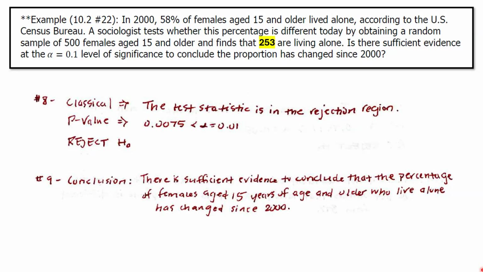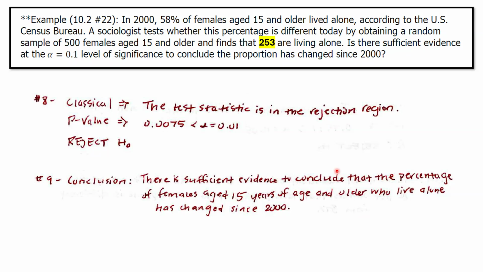Okay, and what we found is that in our sample of 253 out of 500 females, which is a little more than 50%, live alone. Okay, so that is roughly around 6 percentage points lower than the 58%.